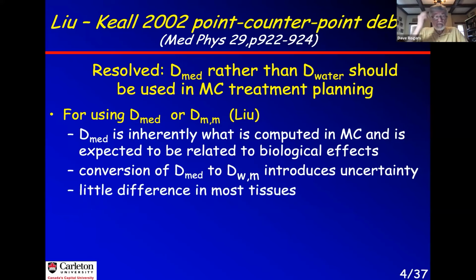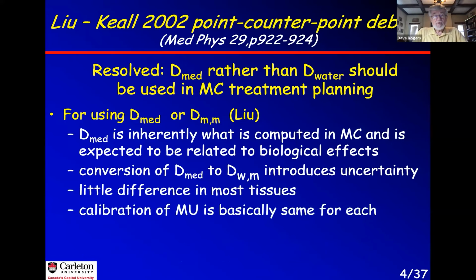But the good news is that there's little difference in most tissues. So she argued that you might as well calculate the dose to the medium. And basically the calibration of the monitor units is the same for each, so it's not much of an issue there.